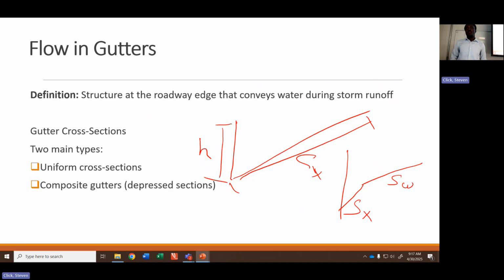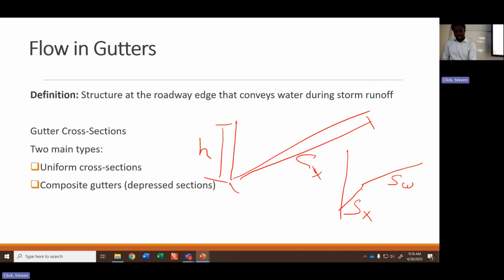They are all used for various reasons, but composite gutters are preferred by a lot of agencies due to the fact that they are much safer for pedestrians, especially cyclists.